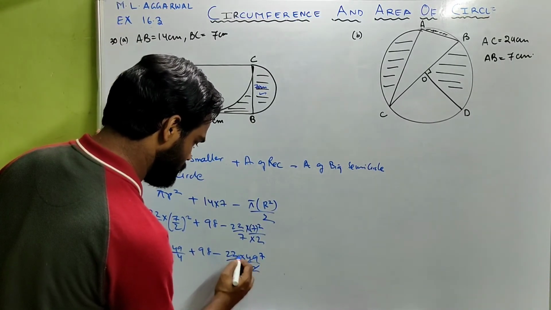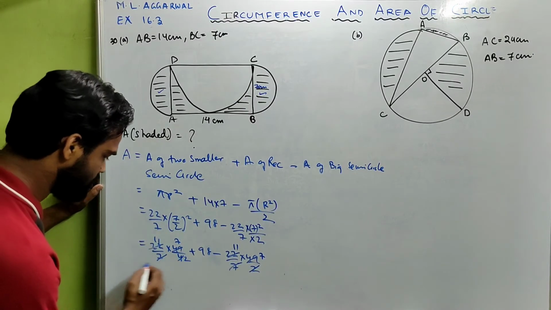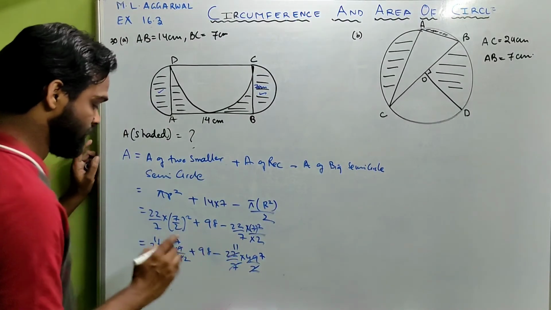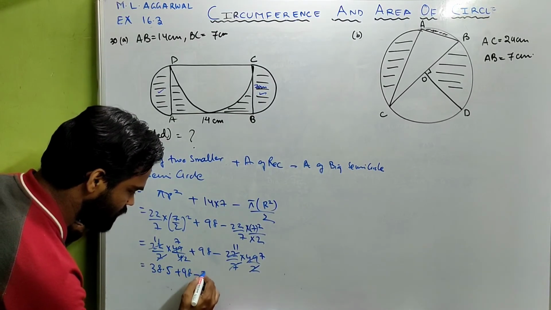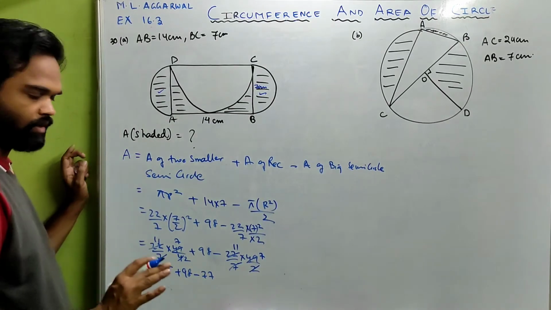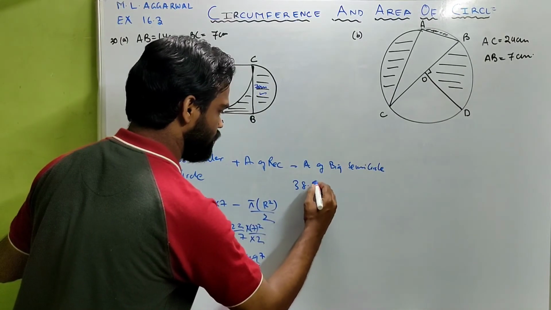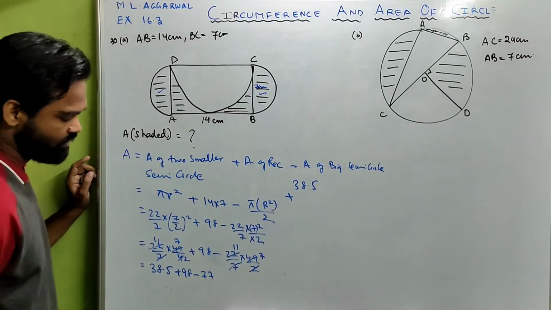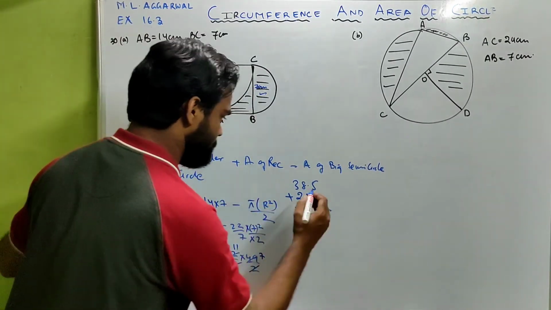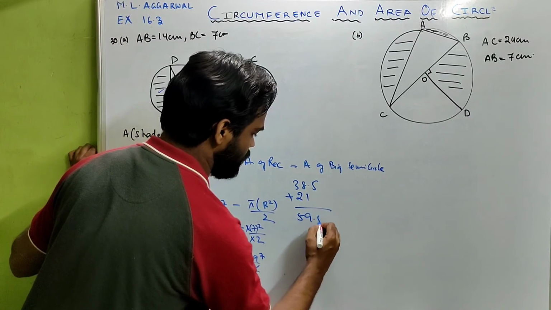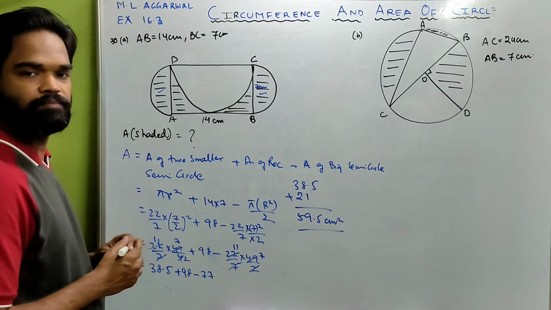This is 7 times, 11 times. 11 into 7 is 77 by 2. That's 38.5 plus 98 minus 77. So that's 38.5 plus 98 minus 77 is 21. So that's 59.5 centimeter square. So that's the area of the shaded region.